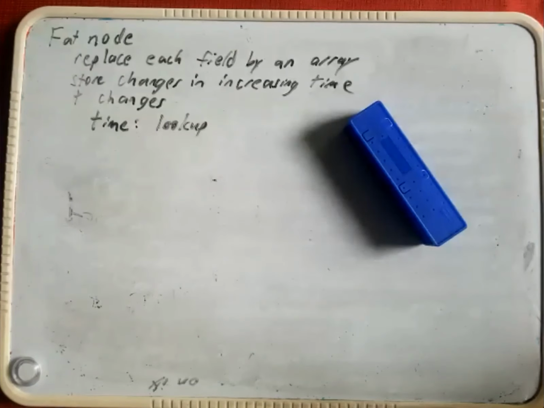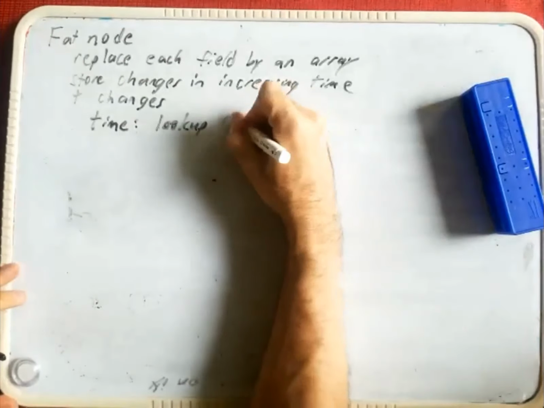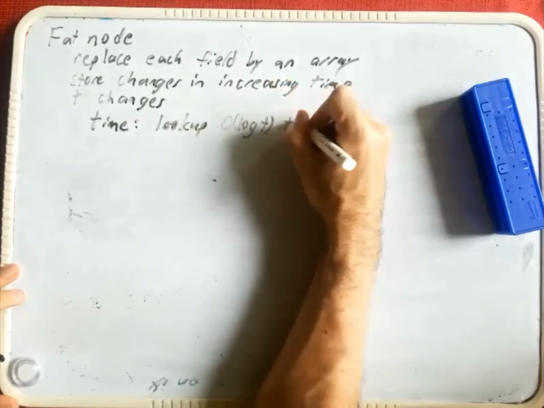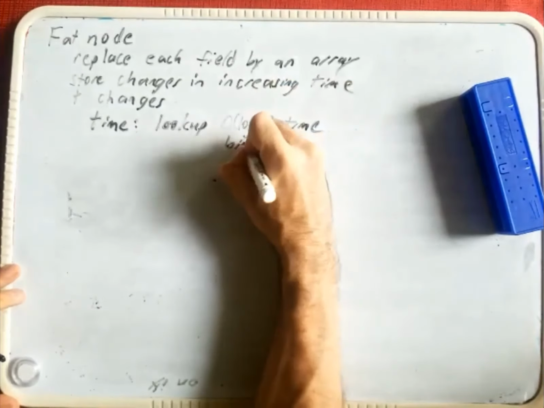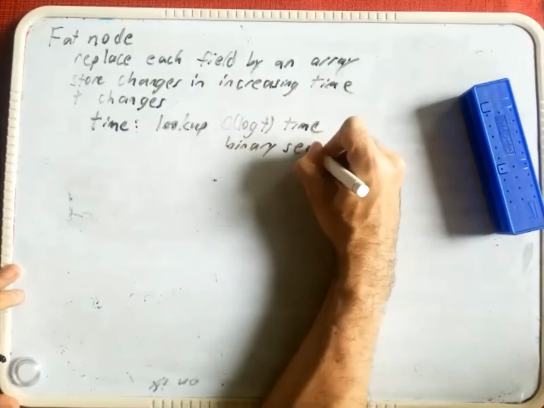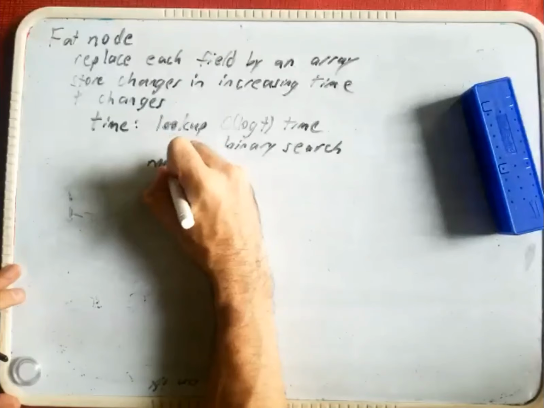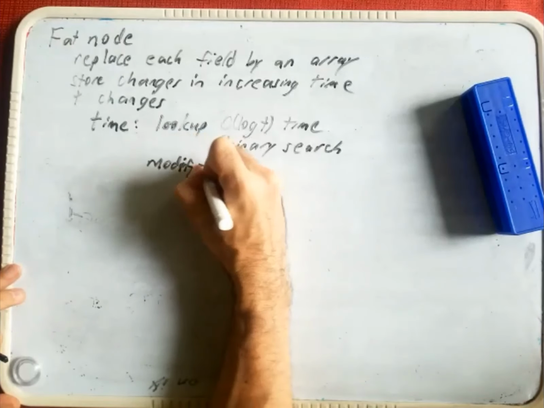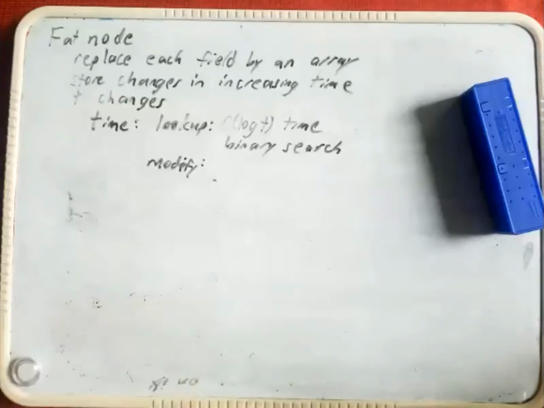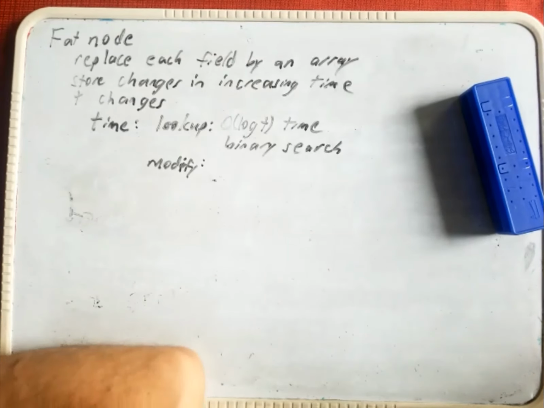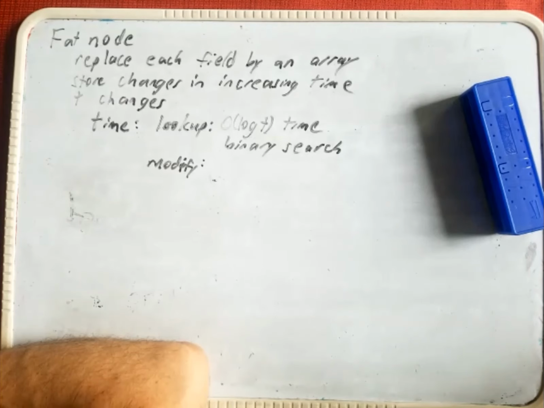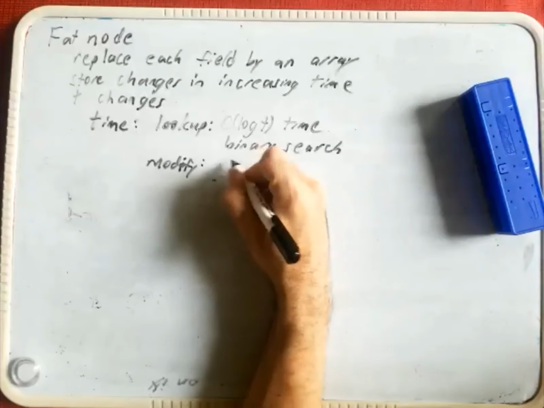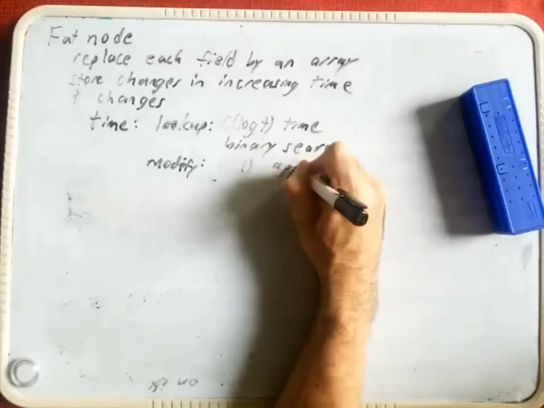Right. So we do the lookup in order log t time using binary search on the time value. How long does it take to do a modification? O of 1. You just need to append a new value at the end of your array.